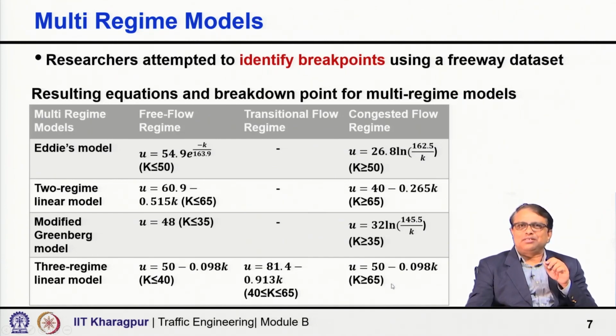If you calculate with the congested flow regime equation, put a value of 65, and also use the transitional flow regime equation and put k equal to 65, you may not get the same value. Similarly, whatever you get as u by putting 40 here, and whatever you get if you use the free flow regime model and put k equal to 40, again those two values may not match exactly. So, the breakpoints are always an issue.